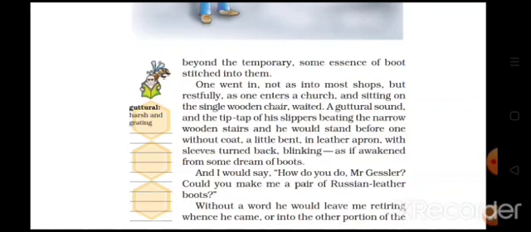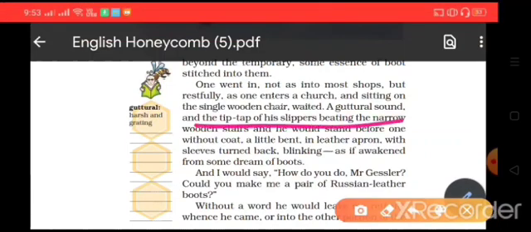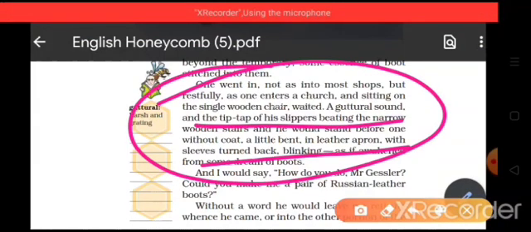He would stand in front of you with the leather apron, his shirt sleeves folded up, blinking his eyes and standing a little bent, as if recently awakened from a dream. It's a wonderful description by John Galsworthy in this paragraph. You can see how pious and great a craftsman he was.